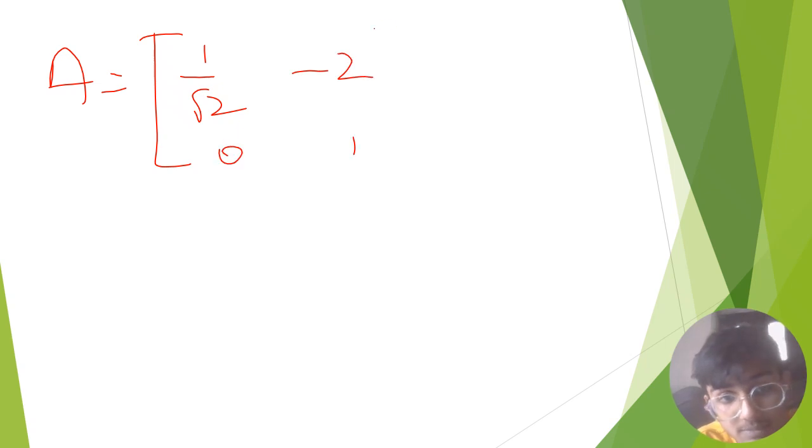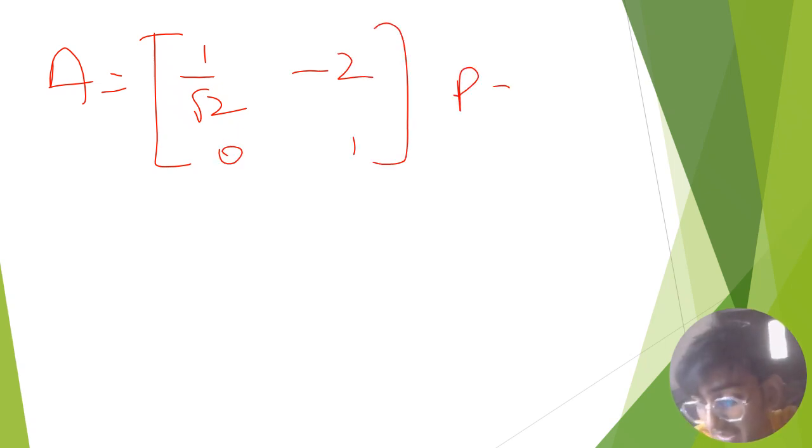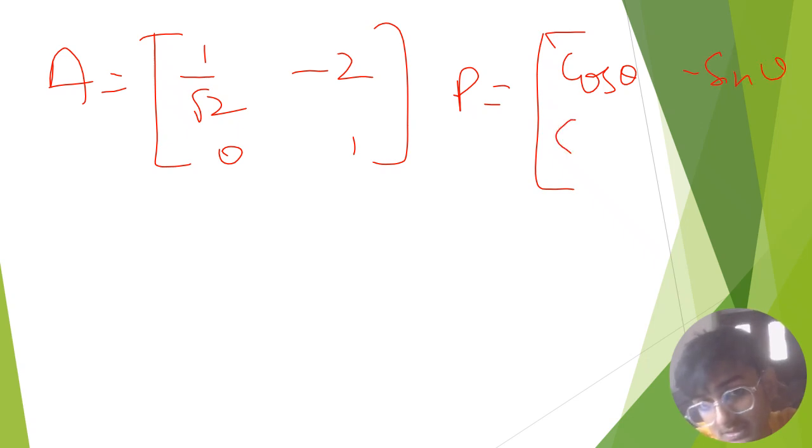A is equal to 1 by root 2 times the matrix minus 2, 0, 1. P is cos theta, minus sine theta, cos theta.